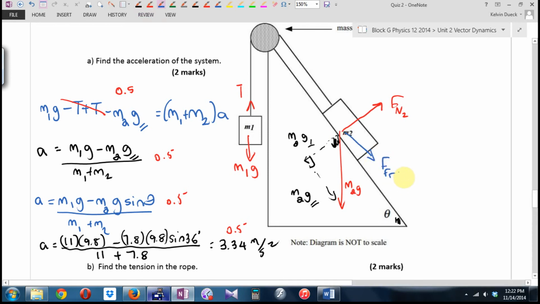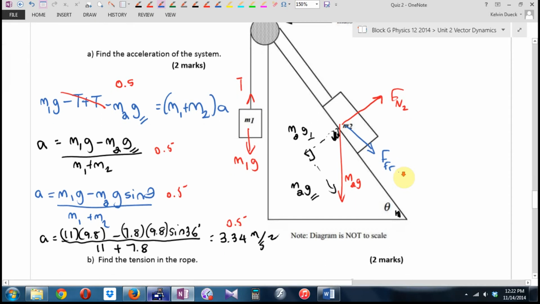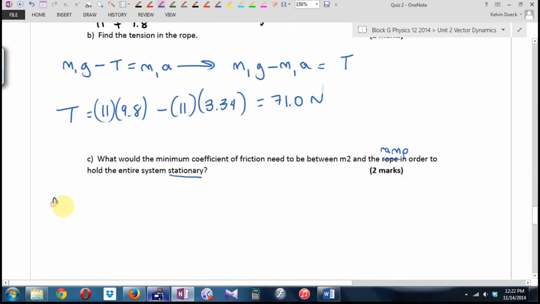My new equation is going to be winner minus loser plus winner minus M2G parallel, also minus friction. That's why this falls apart a little nicer. Equals nothing. Stationary, acceleration is 0.